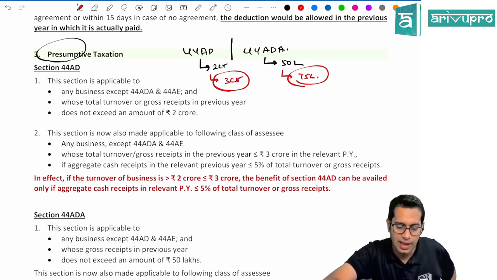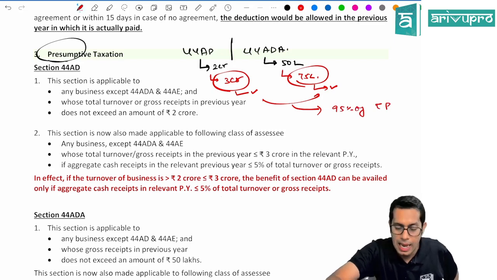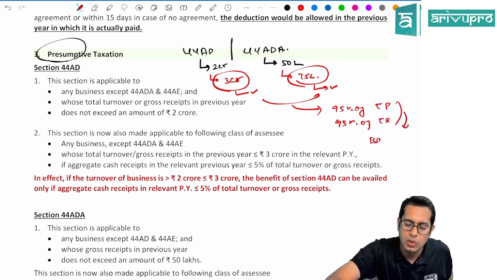The limit of 3 crores or 75 lakhs will be applicable if 95% of their total payments and 95% of their total receipts are through banking modes.